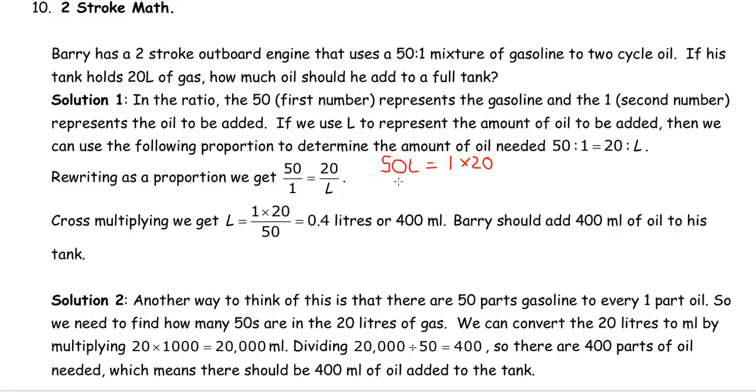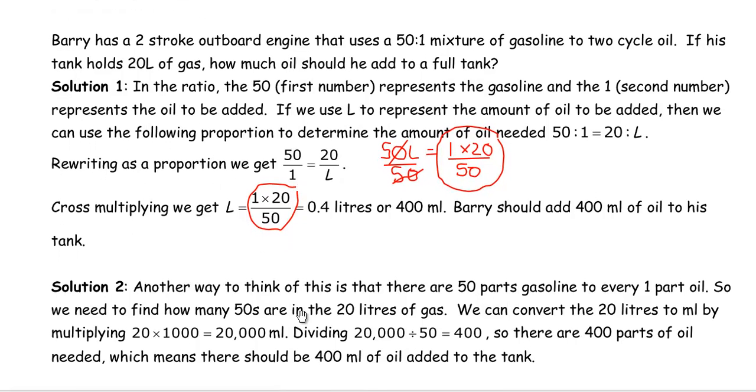I want to solve for L here, so I need to get rid of the 50, so I'm going to divide both sides by 50. Like that. So those divide out. And notice that this is exactly the same thing that's written here. Okay, they both would work out to 0.4 liters, or 400 milliliters.